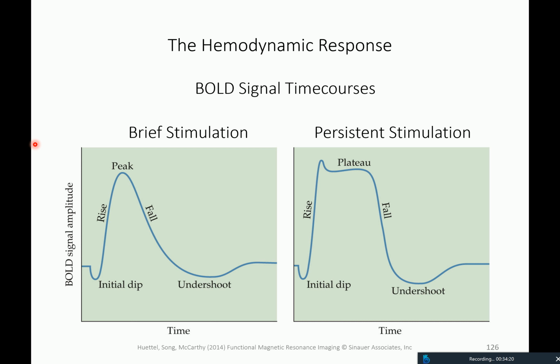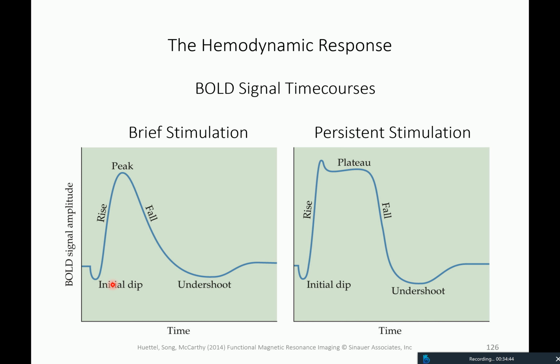And these mathematical models are based on these observations that if you, for example, look at visual cortex, average over a number of voxels and look at the response to a stimulus, you see a kind of prototypical behavior.